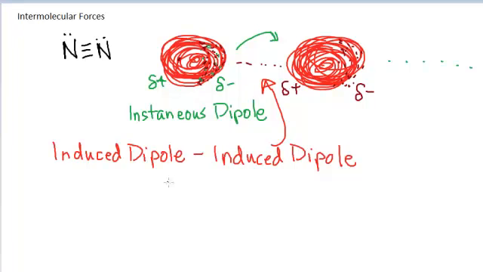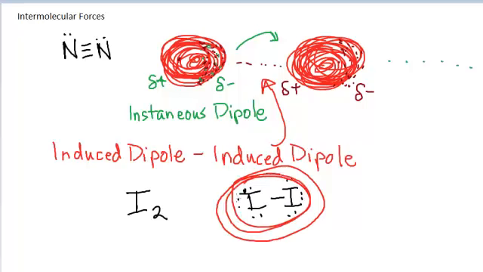Now, in nitrogen, the induced dipole attraction is not very strong, and that's why you have to cool this down to almost negative 200 degrees Celsius in order to condense gaseous nitrogen into liquid. But for something like iodine, which is the I2 molecule, which again looks very similar to N2 except there's only a single bond, an I2 molecule, iodine, diatomic, two iodines, totally symmetric, totally nonpolar.